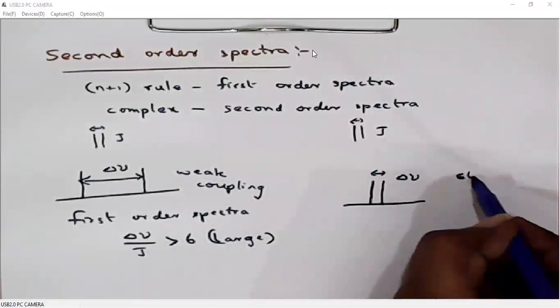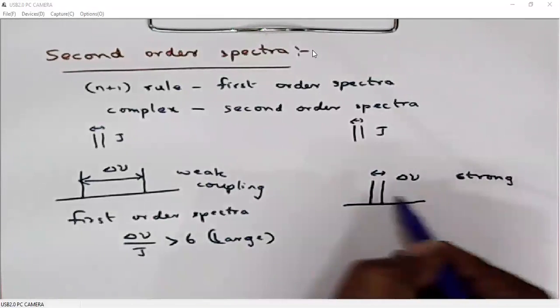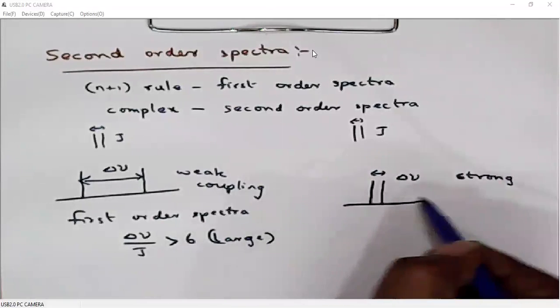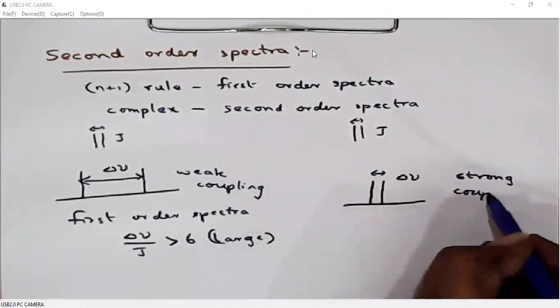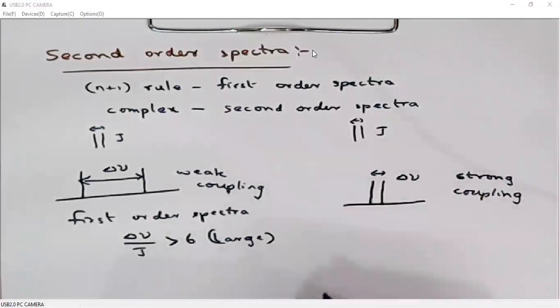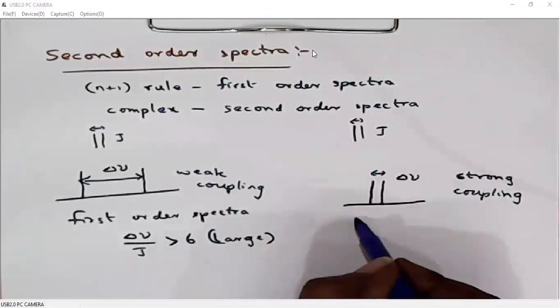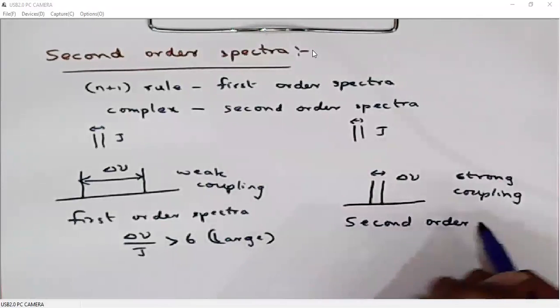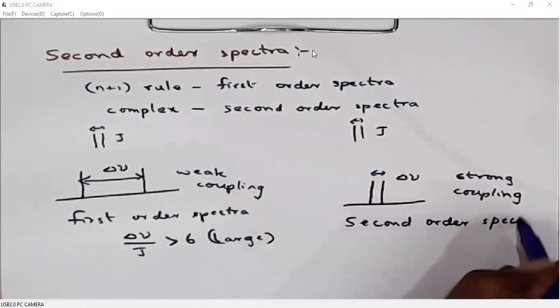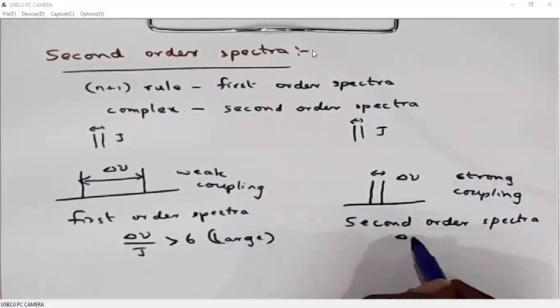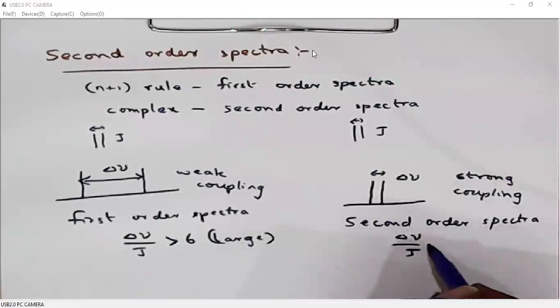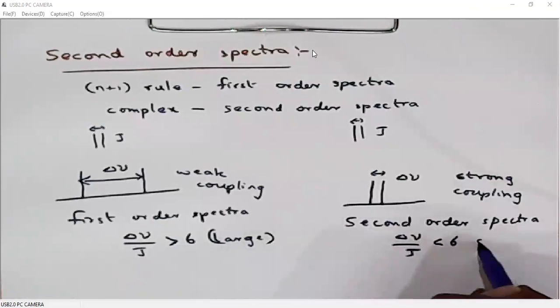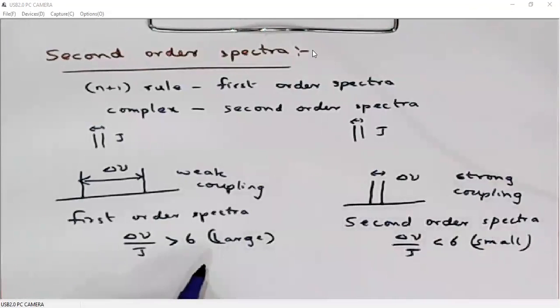Or in other words, there is a strong coupling between these two signals. Then we call it second order spectra. In numbers, the frequency difference or delta difference divided by J value is less than 6. It is small. So it is a general condition, okay?